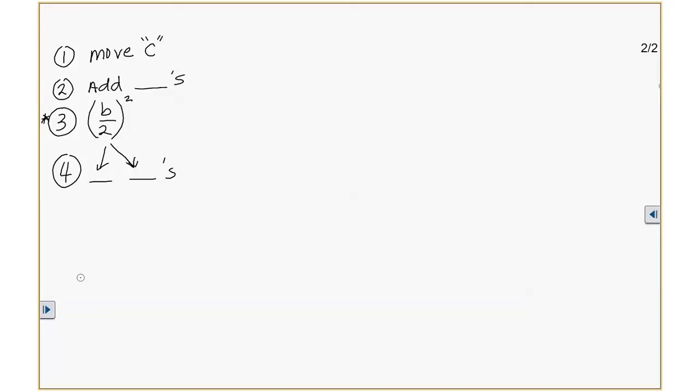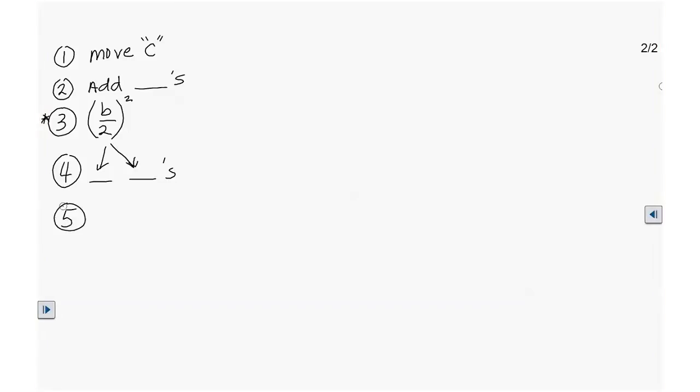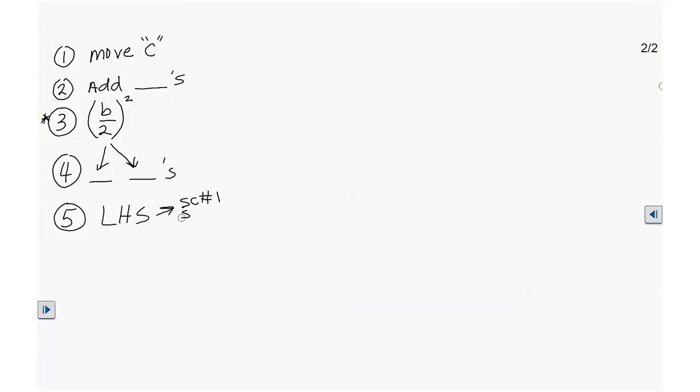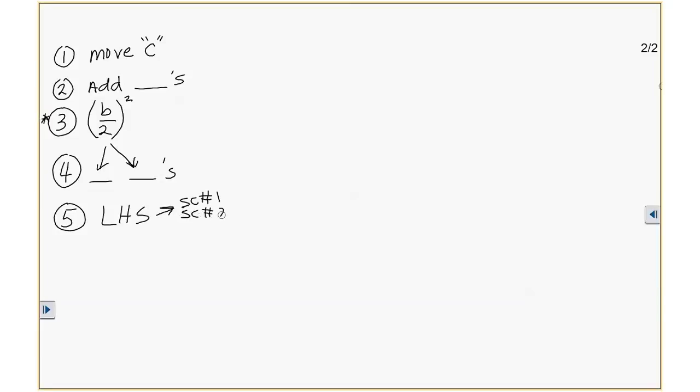Now, after you do number 4, number 5, you will have on the left-hand side either shortcut number 1, or you'll have shortcut number what? 2, based on the sign. That's why you complete the square, so you'll have a shortcut.